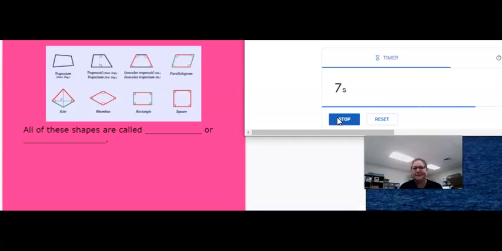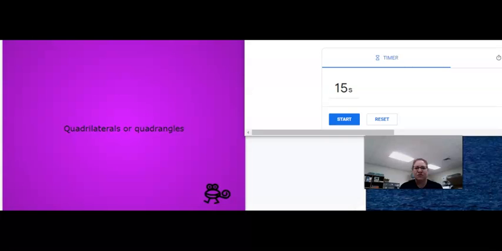Or what? They are quadrilaterals and quadrangles. That's a hard word to say, isn't it? 4 sides, 4 angles. Quad means 4.